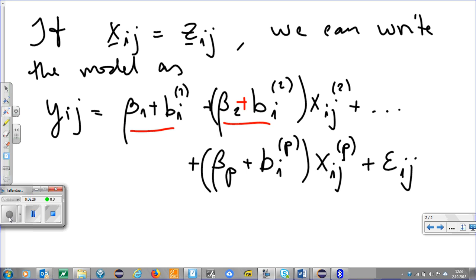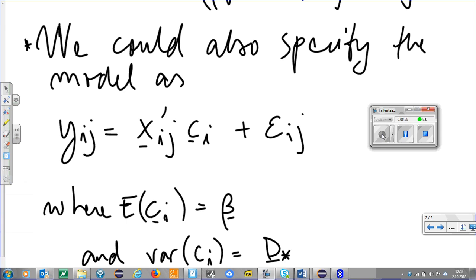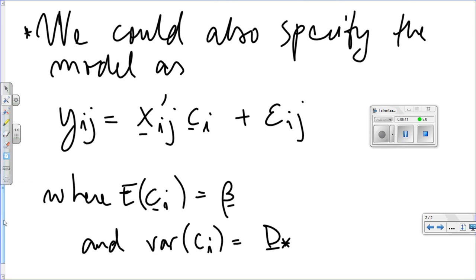That way we can assume that we have a random slope corresponding to all of the predictors. So we could also specify the model in this form here. We have Xij prime multiplied by vector Ci, and here Ci is a vector with expected value beta and variance D star.